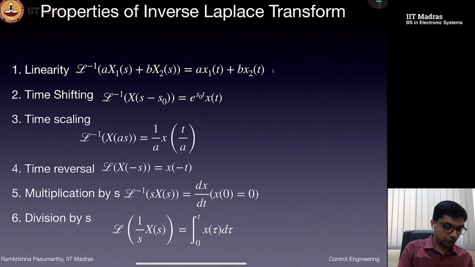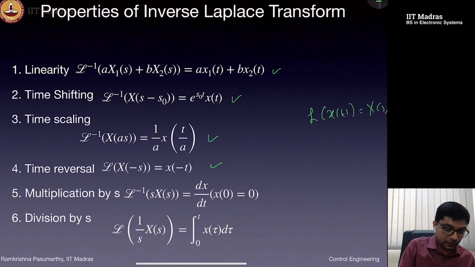Then we go to time shifting, time scaling, time reversal, multiplication. For example, if I had the Laplace transform of x of t denoted as X of s, the Laplace transform of dx by dt was s times X of s.